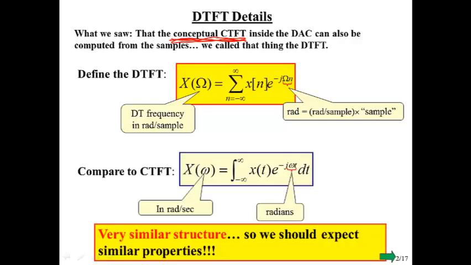Compare this to the CTFT and we can see some very similar structure. We have a signal multiplied by an e to the minus j thing with a frequency and a time variable. In both cases, the units up next to the j are in radians. Here this unit is radians per sample. Here the unit is radians per second.